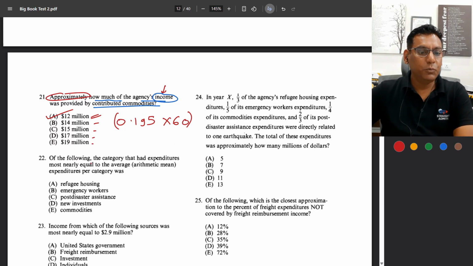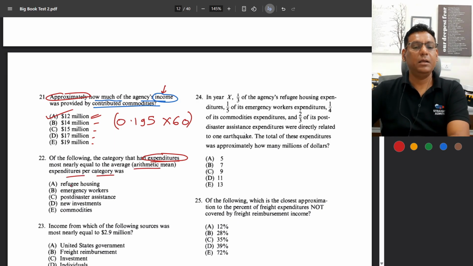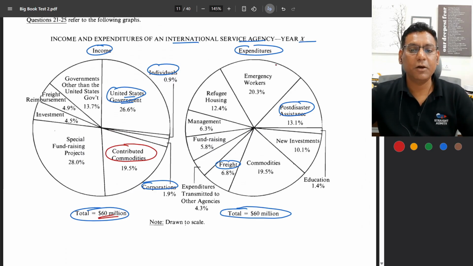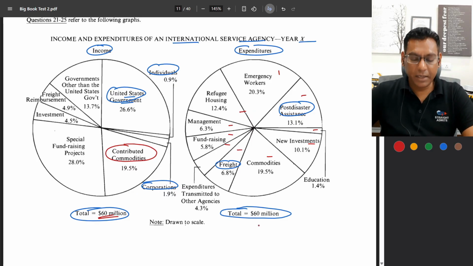Okay, let's move on. Of the following, the category that had expenditures, now I'm looking at the second graph, most nearly equal to the average expenditure per category. First thing I'll have to find out is the average expenditure per category, so I need to find out how many categories. Let's see: 1, 2, 3, 4, 5, 6, 7, 8, 9, 10. There are 10 categories. So the average expenditure per category is 100 divided by 10, which is equal to 10%.